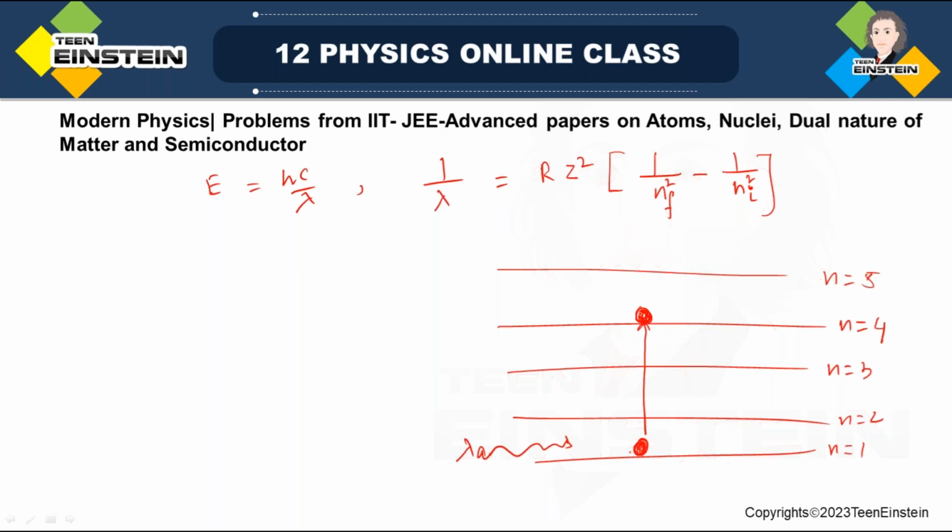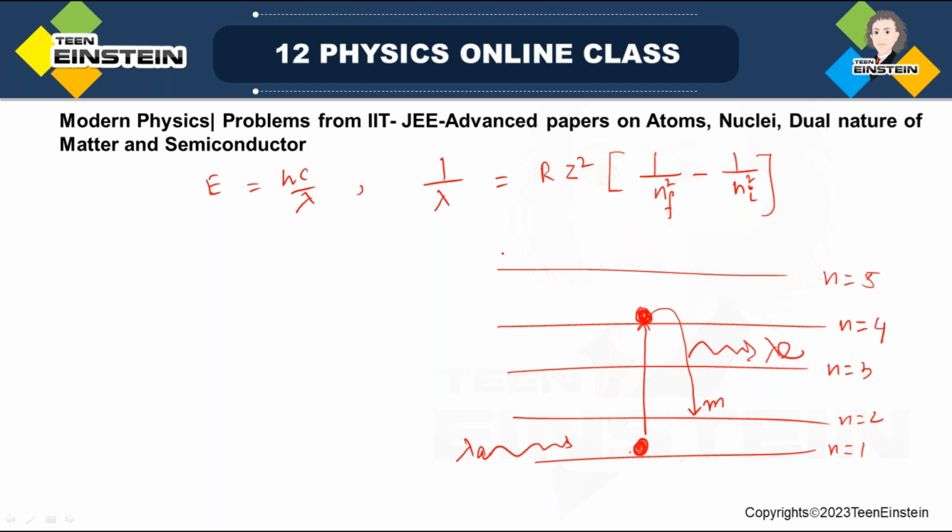Immediately after going up to here, it gets de-excited to some level, we don't know what it is, so that is the mth level, say. It gets de-excited to the mth level, and at that time it emits a photon of wavelength lambda e.